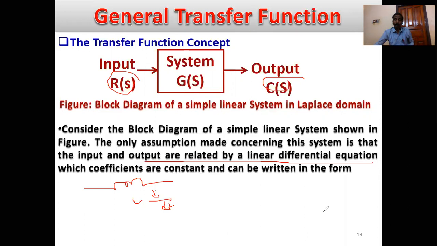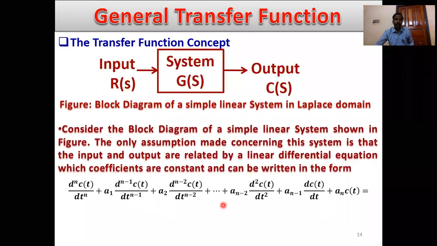suppose this is the differential equation for the output section, C(s), and in the time domain c(t): a_n d^n c(t)/dt^n plus a_(n-1) d^(n-1) c(t)/dt^(n-1), and so on, down to a_2 d^2 c(t)/dt^2, a_1 dc(t)/dt, a_0 c(t).